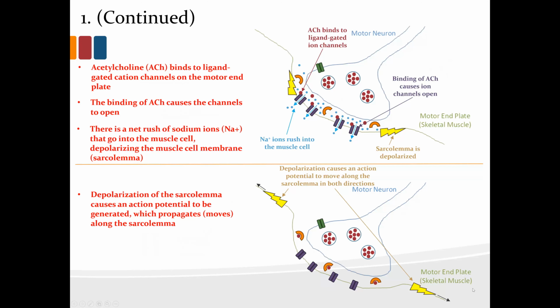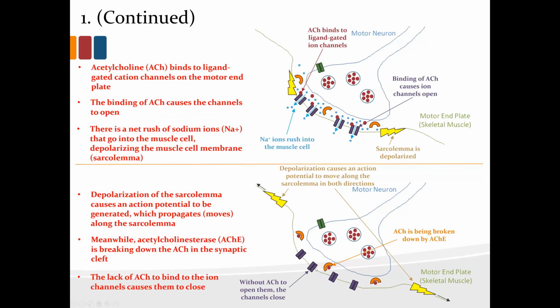Essentially, that is the end of the events that happen at the neuromuscular junction, but we also talk about what happens afterward to make sure the signal gets turned off. So while this action potential is traveling down the sarcolemma, acetylcholinesterase that was in the synaptic cleft is breaking down the acetylcholine. And because we're breaking down the acetylcholine, those channels close because they require acetylcholine to keep them open.